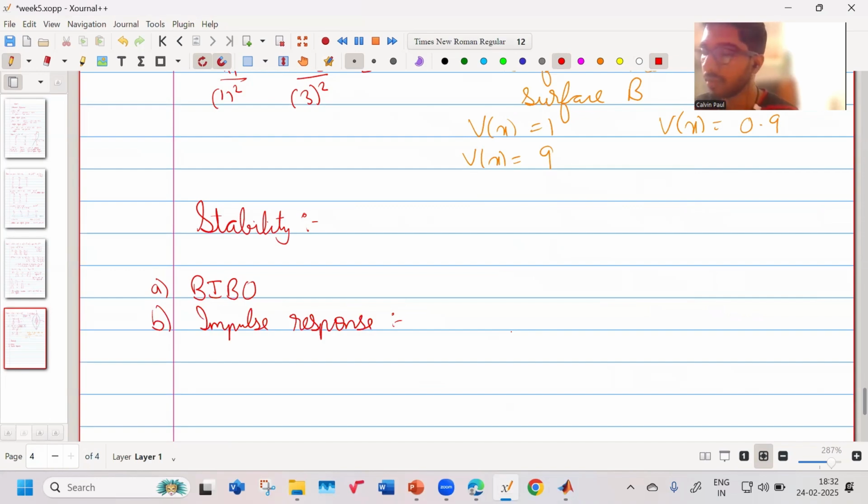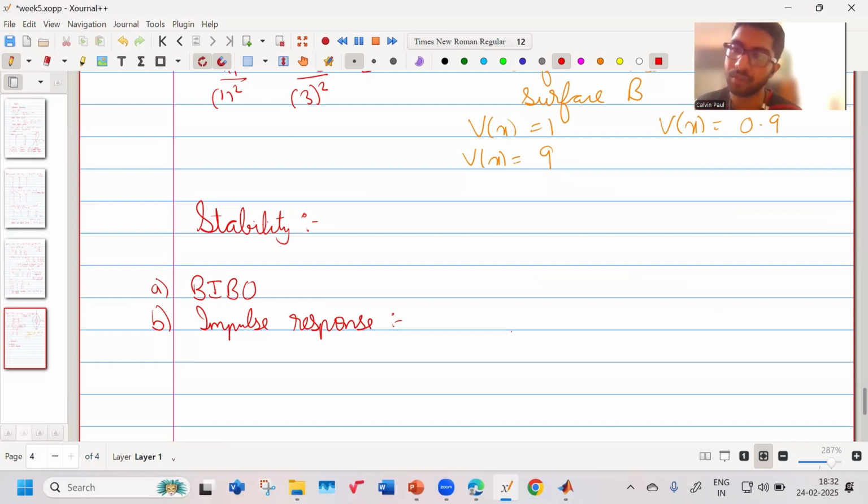But that is a mathematical definition, and this is the power of the impulse response. If you have the expression for the impulse response and you integrate it over the entire time duration till infinity, you can say whether the system is stable or unstable. Okay, so that is the impulse response.